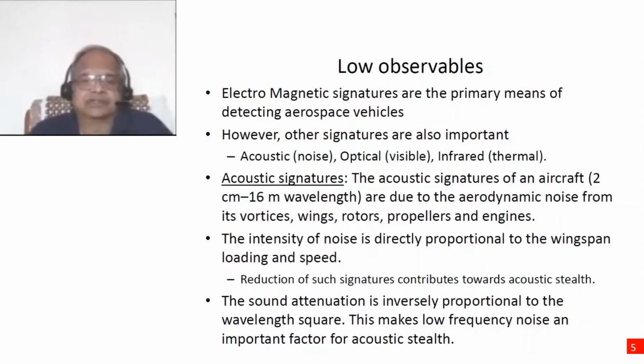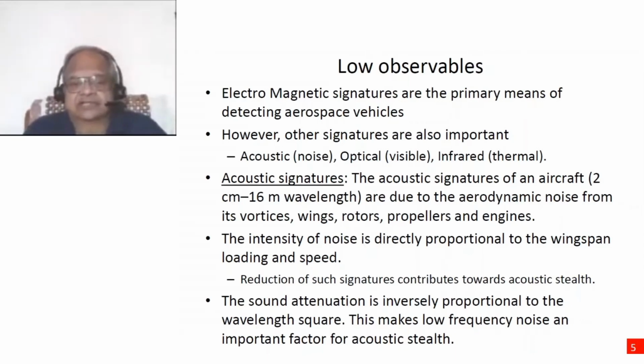Acoustic signatures of an aircraft, generally between 2 centimeters and 16 centimeter wavelengths, are due to the aerodynamic noise from the vortices coming from the wings, rotors, propellers and engines. Overall, there are different kinds of sources of noise. The intensity of noise is directly proportional to the wing loading and speed of an aircraft.